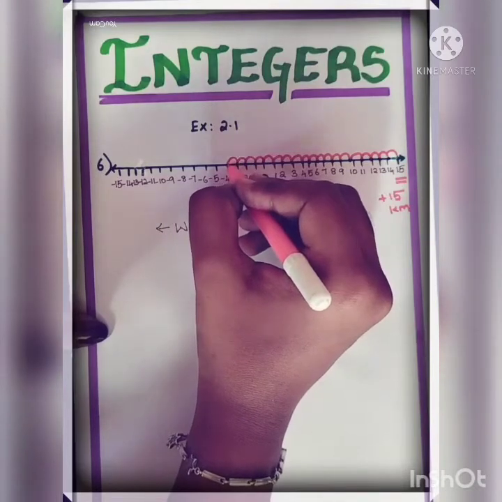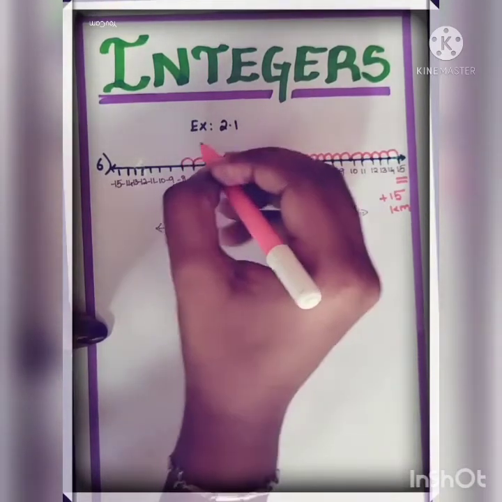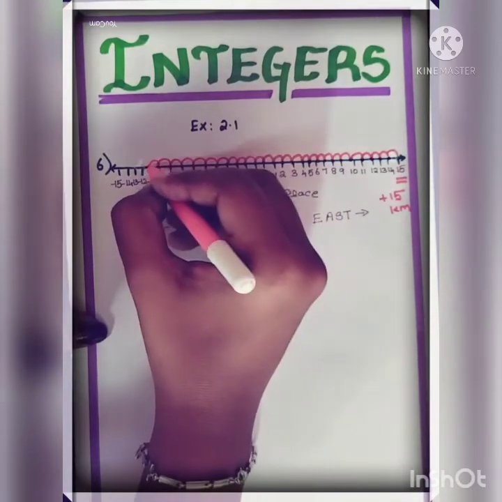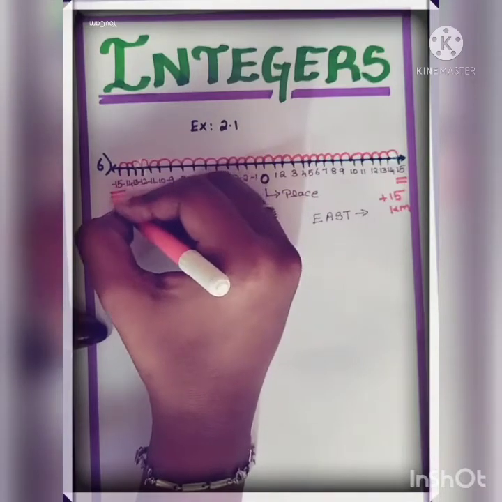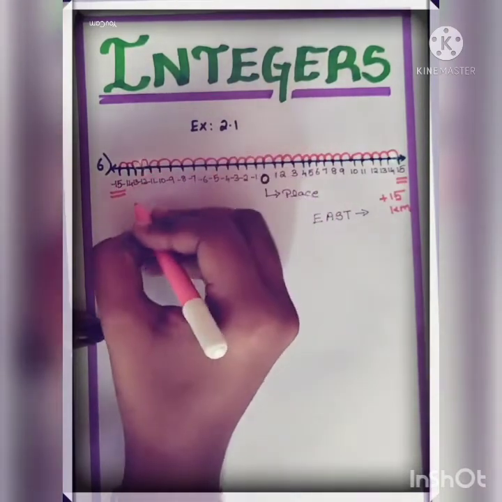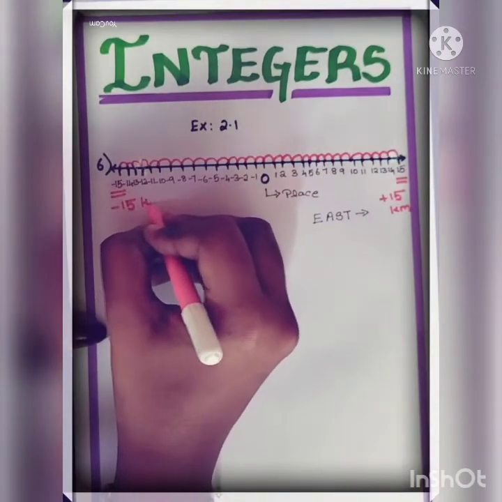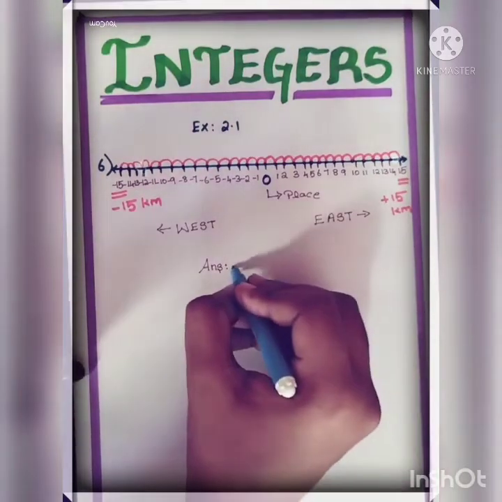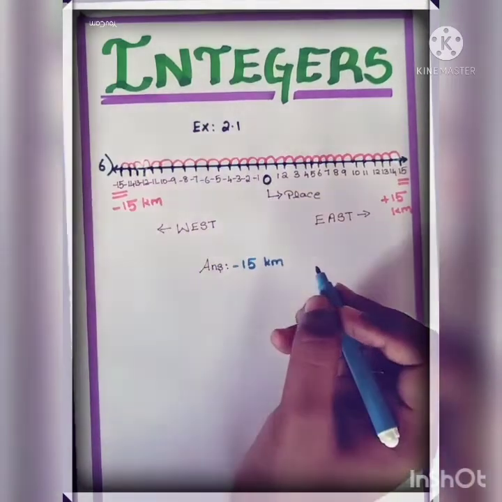So, moving 15 units to the left or west side of the number line, we arrive at the integer minus 15, which is just the opposite of plus 15 on the east side of the number line.